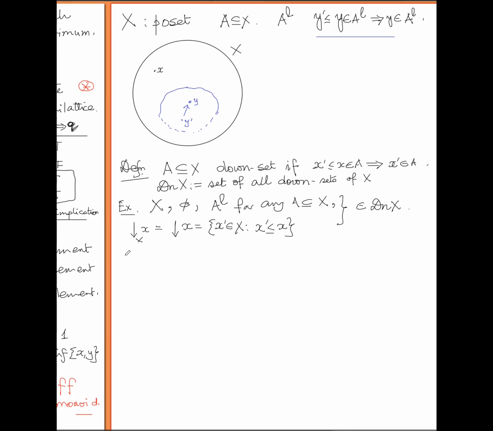All right, let's see some more. Suppose A and B are downsets.